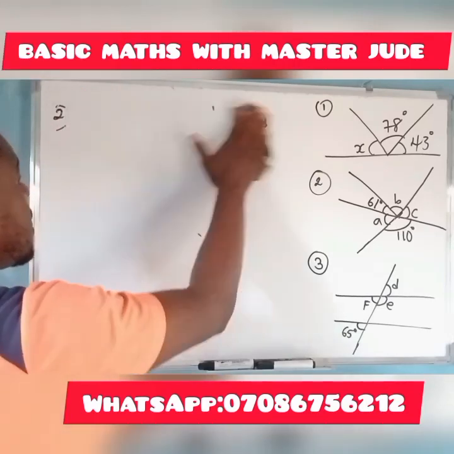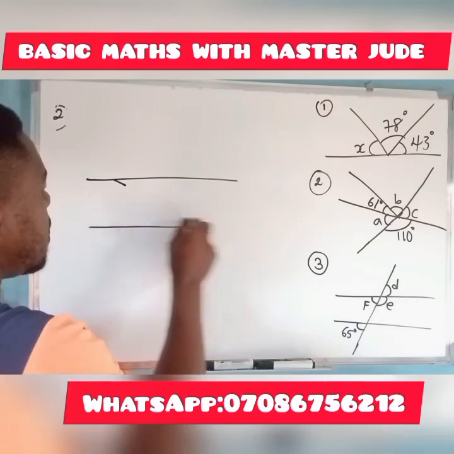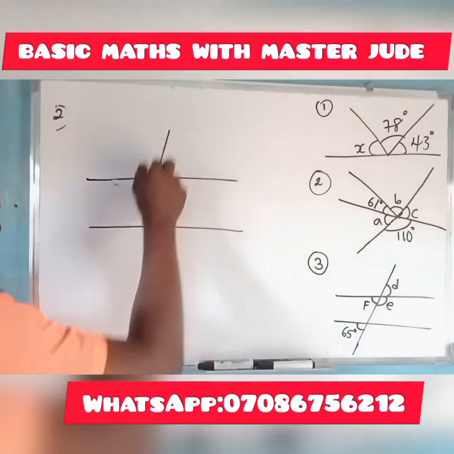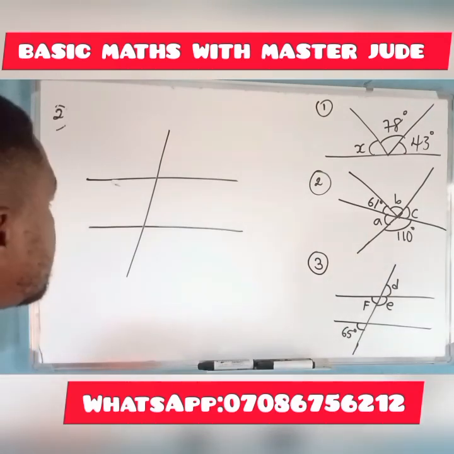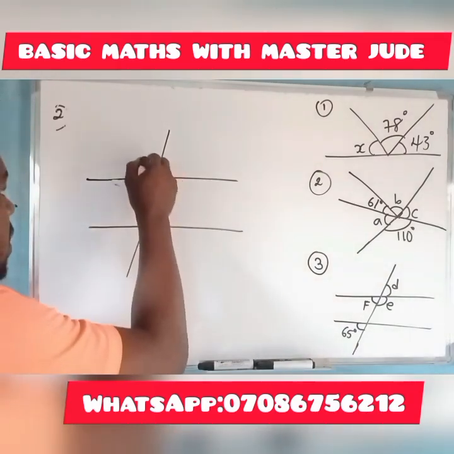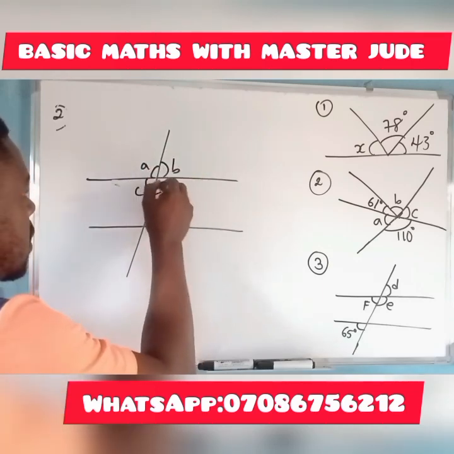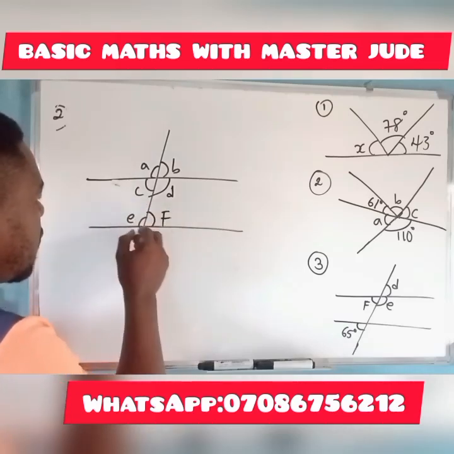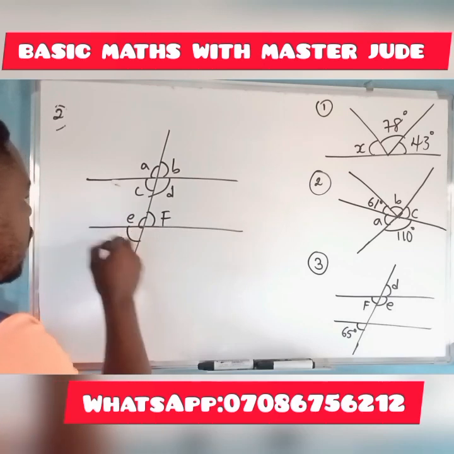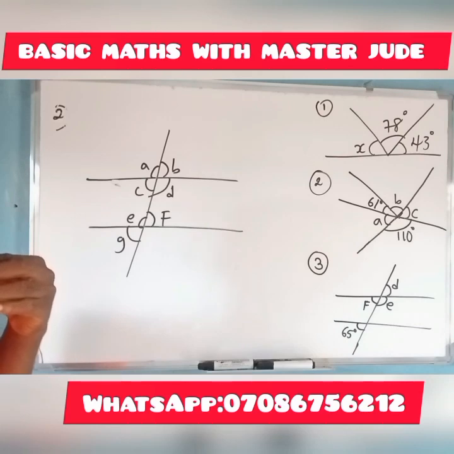Now, the third property says that in a transversal, when a transversal line cuts a parallel line, if you have an angle here, let's say A, here B, here C, here D, let's say E, here F, and here is G. When a transversal line cuts a parallel line, we have three things that happen.